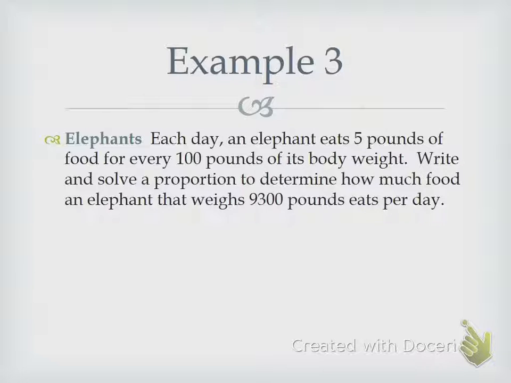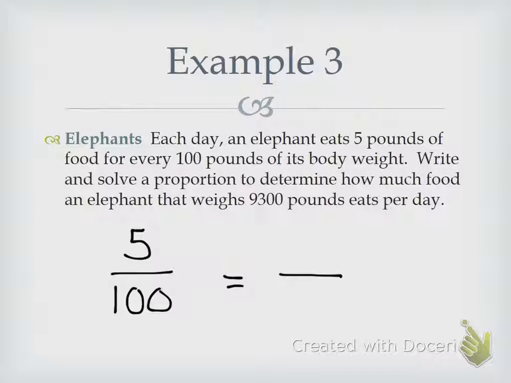All right, so a proportion involves an equal sign, yes, and a proportion involves two ratios. So here's my fraction bars. Here's what I have to make sure that I do. In my numerators, I have to compare the same unit. So I could put in my first ratio 5 pounds of food for every 100 pounds of weight equals, do I know how much food an elephant that weighs 9,300 pounds eats?